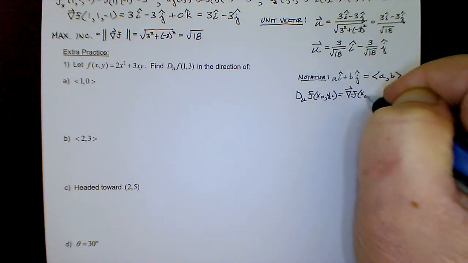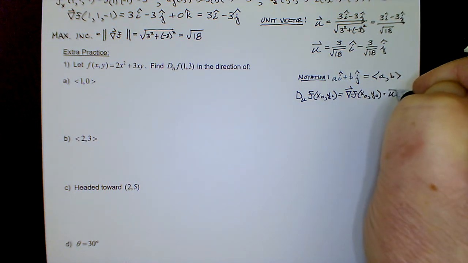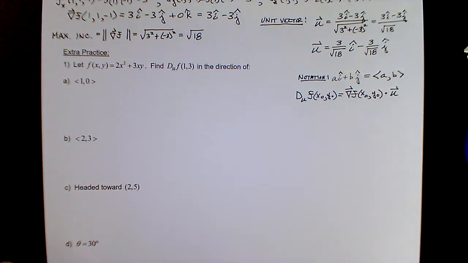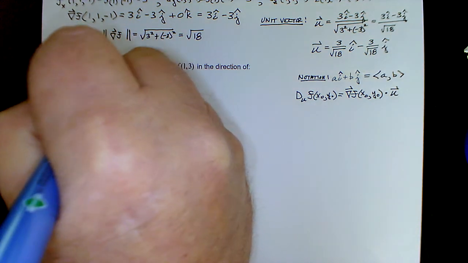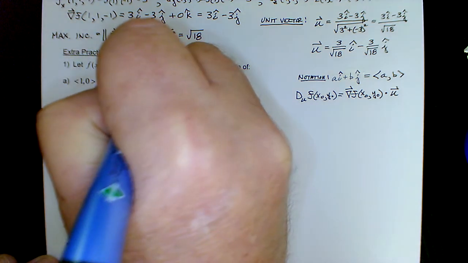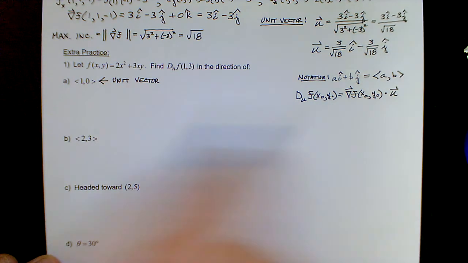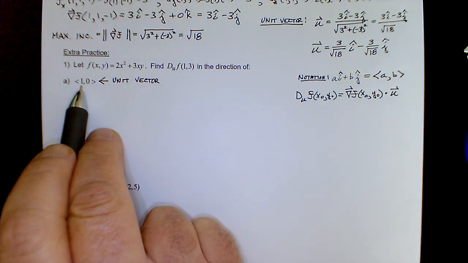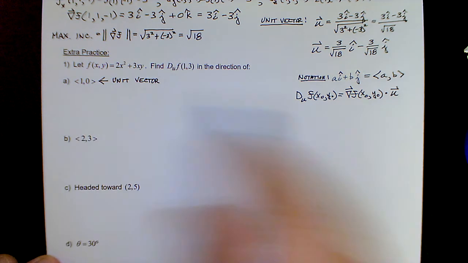So the first thing to note is that this is a vector, and it is a unit vector. So therefore, if we just dot the gradient with that, and it's a unit vector because if you take the magnitude, it's 1. If we dot the gradient with that, that's going to be our directional derivative, which we interpret, of course, as our slope.